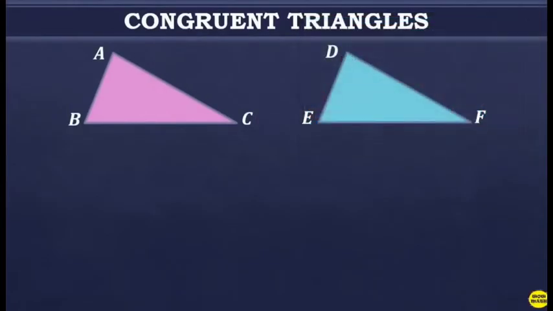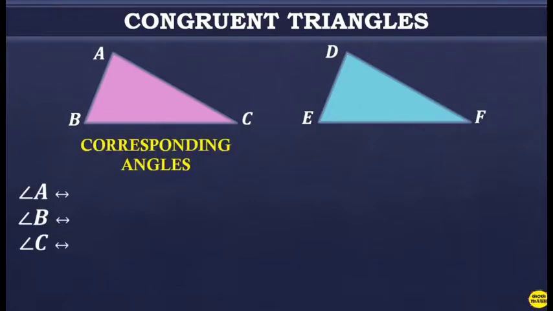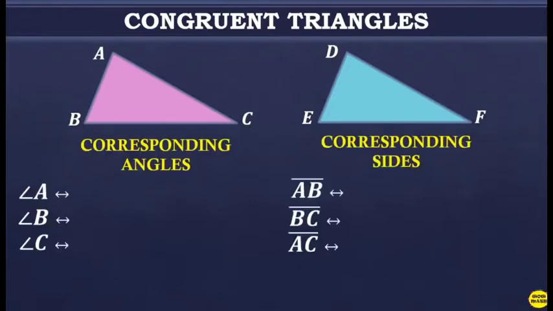From these two congruent triangles, triangle ABC and triangle DEF, let us give the corresponding angles and sides. Angle A corresponds to angle D. Angle B corresponds to angle E, and angle C corresponds to angle F.